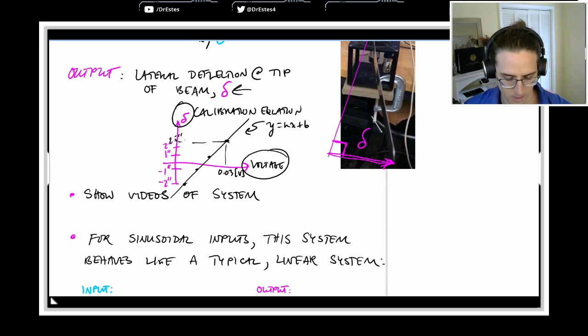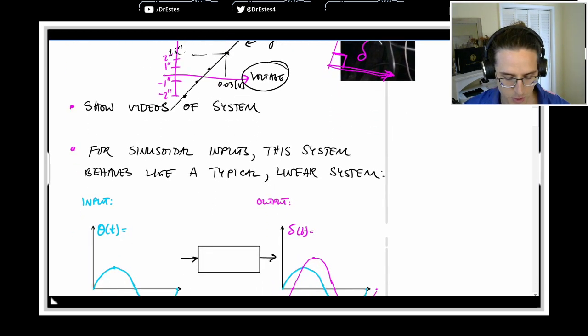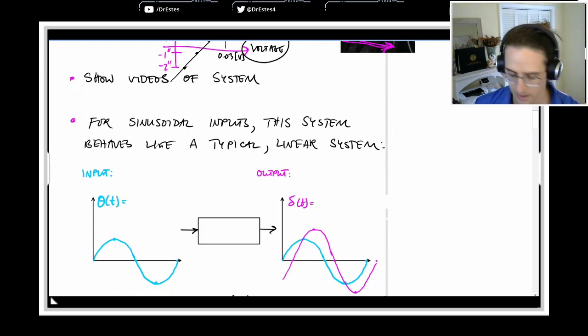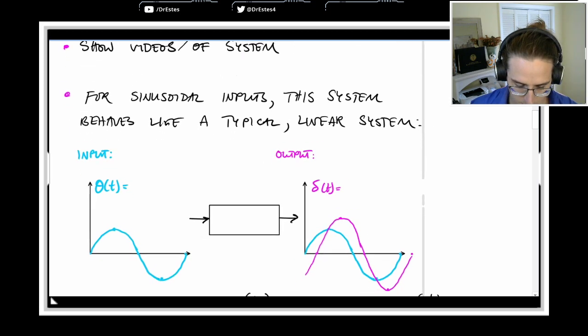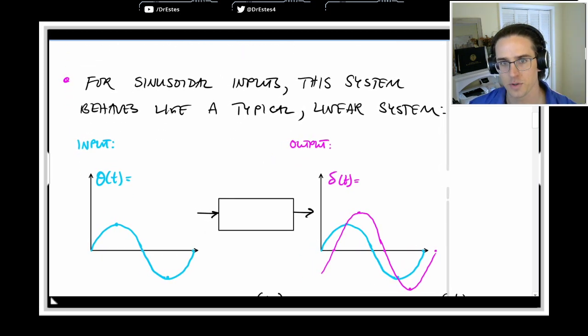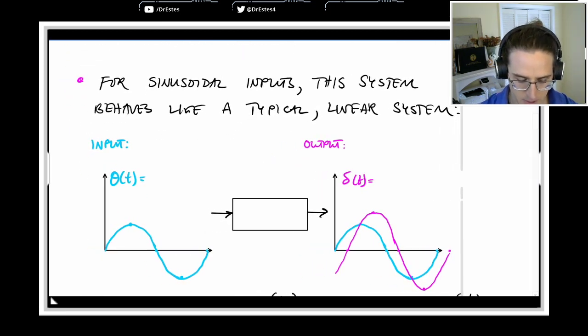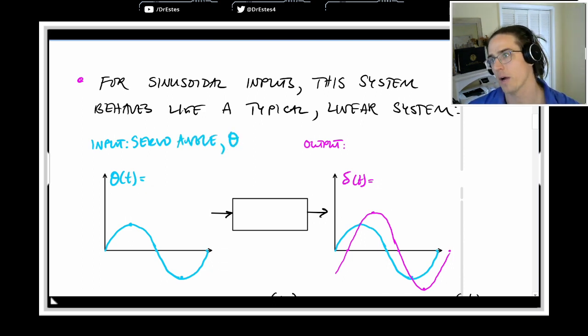Okay, so you guys are working on assignment 2 right now. And what I want you to get out of assignment 2 is, if you have a linear system, so let's talk about our flexible beam system. Our input is going to be the servo angle, theta.